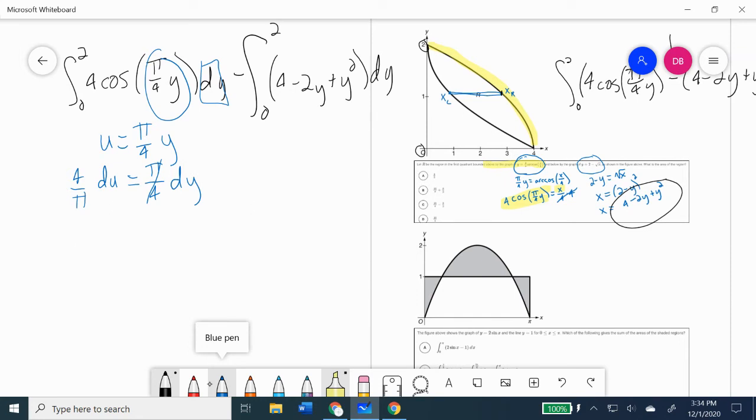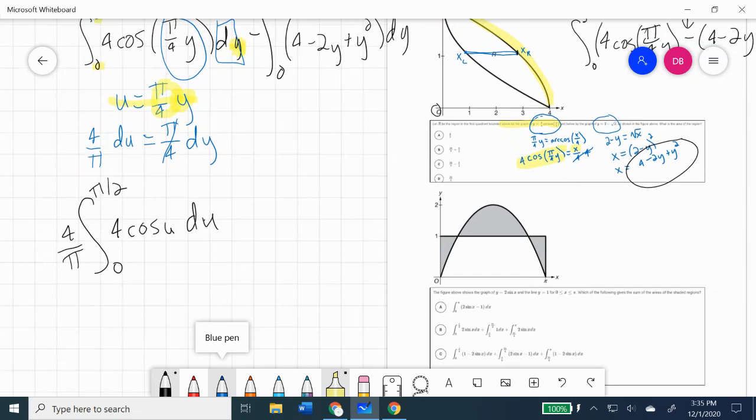This is now the integral of 4 cosine u, and dy is replaced with 4 over pi times du. The limits on the integral: when y is equal to 0, my u value is still going to be 0. When my y value is equal to 2, I plug that in, and this becomes pi over 2.